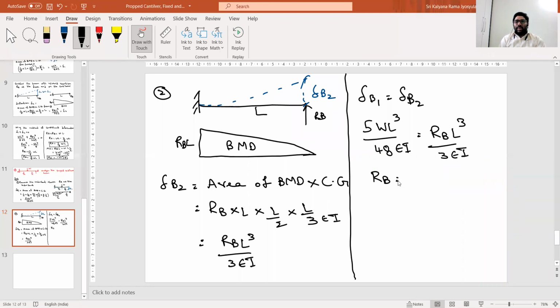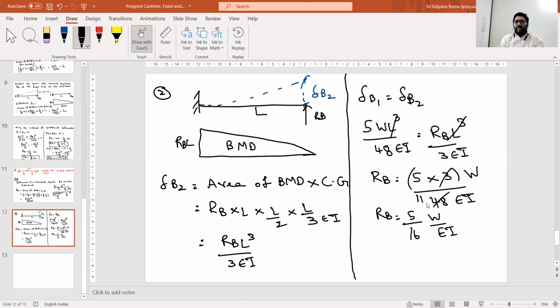From this, RB is equal to how much you will get? 5 by 16 into W, correct? L cube will get cancelled. 5 into 3 W by 48. So RB is equal to 5 by 16 W. The 3 will get cancelled by 16 times.